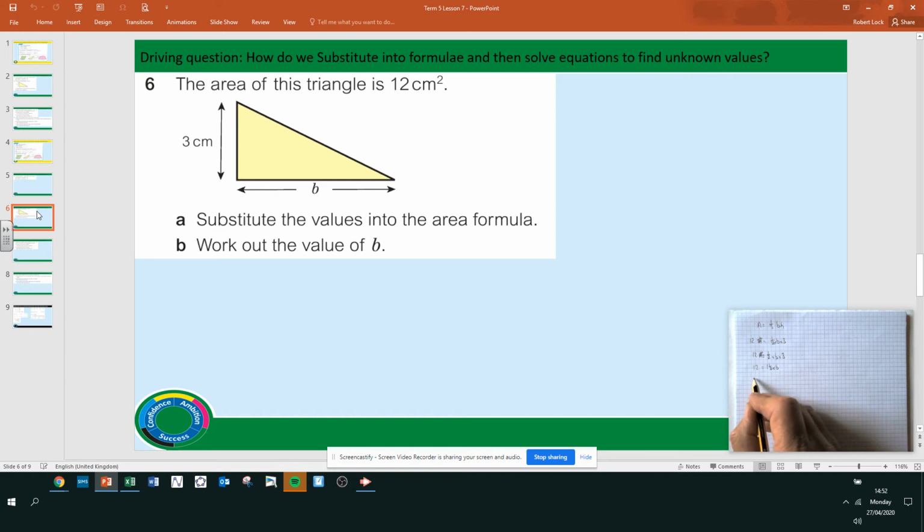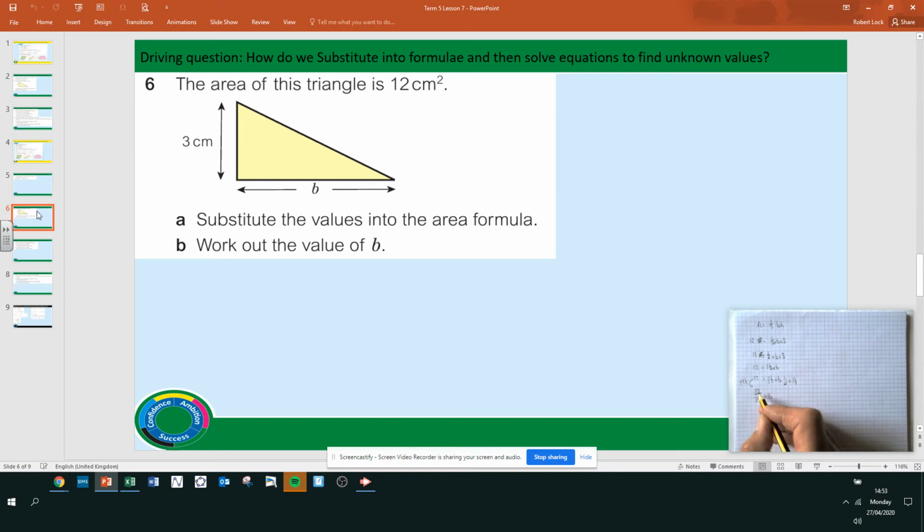Then you divide both sides by 1.5. Then 12 divided by 1.5 equals B.